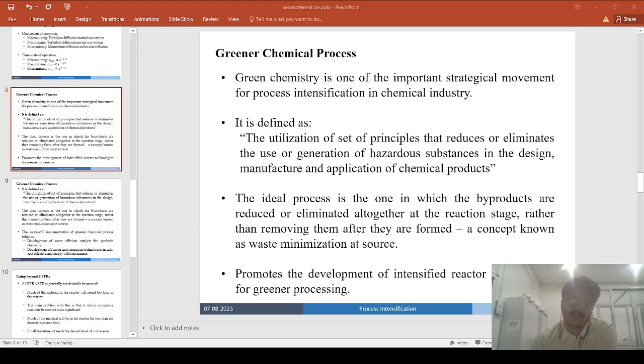Now this promotes the development of intensified reactor technologies for greener processing.